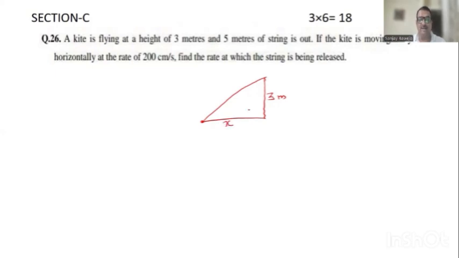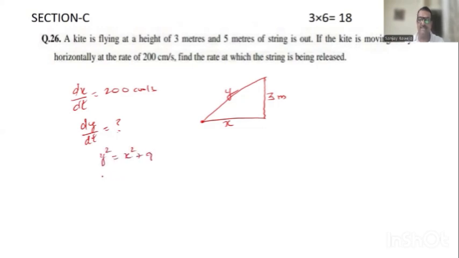If x is the horizontal distance and y is the length of the string at any time t, then we are given that dx by dt is equal to 200 centimeter per second, and we have to find dy by dt. At the instant when x is equal to 4, because if y is 5, then x will be 4. So we have to find the relation between x and y. So it is clear from the figure that y square is equal to x square plus 9.